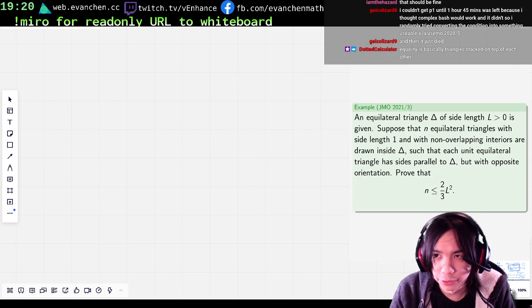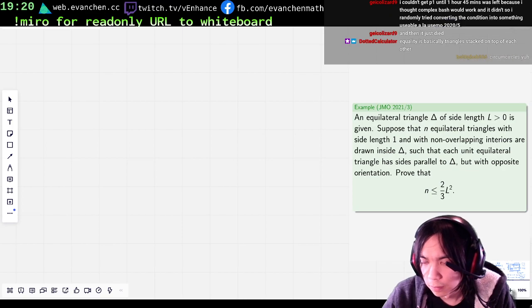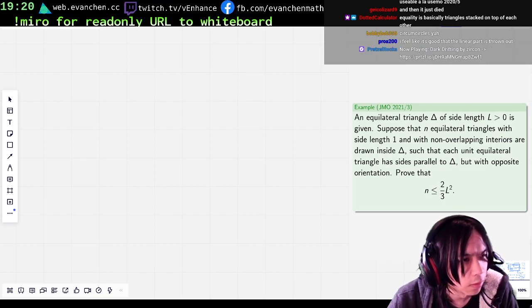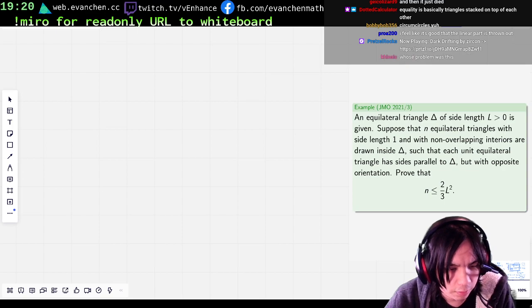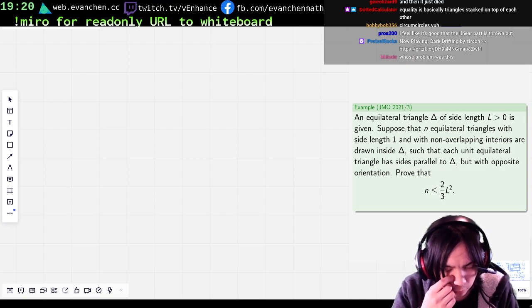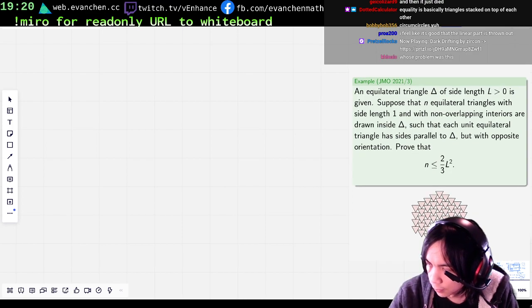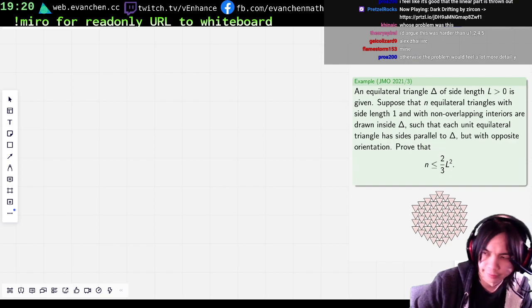All right, let me put this picture up because this is useful. I don't think the linear part is in here. But on the other hand, this tiling exists. It looks like this.